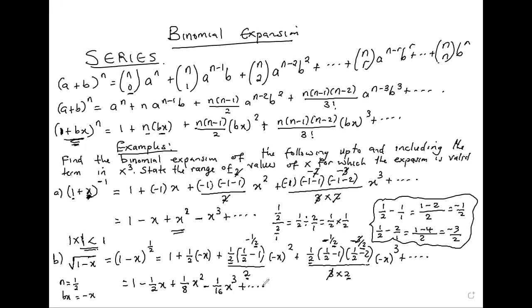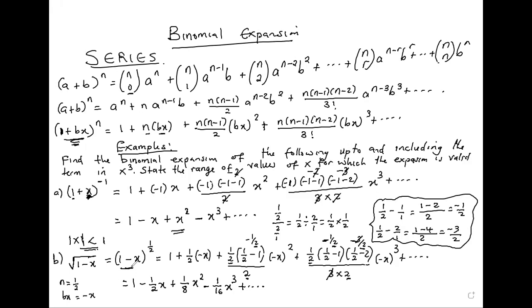So that's how you get this expansion. Okay. How do you find the range of validity here? The range of validity, well, we don't care about what the power is. We're interested in the inside here.